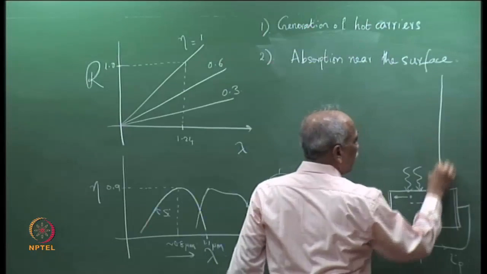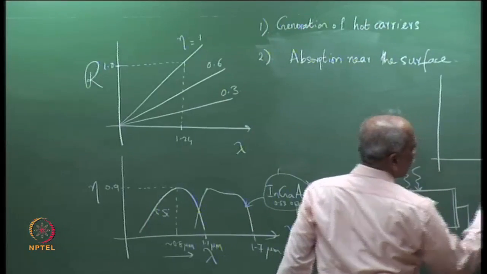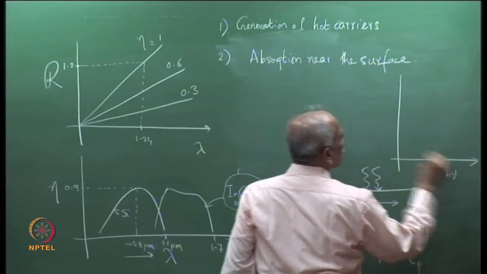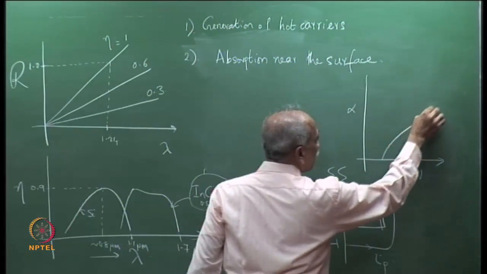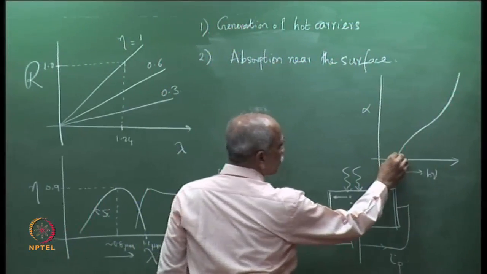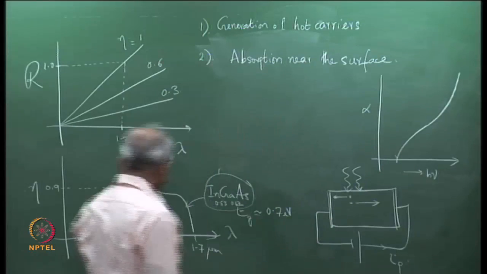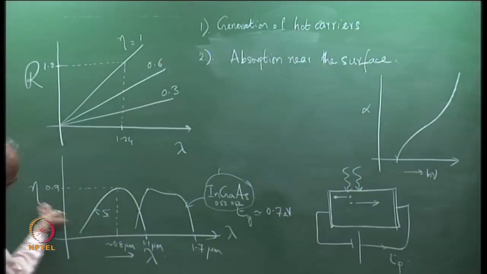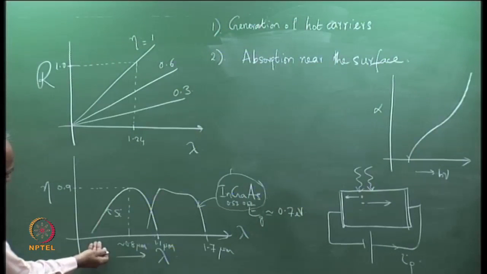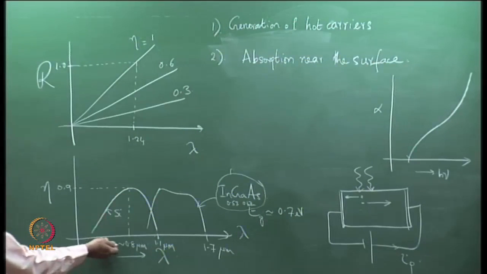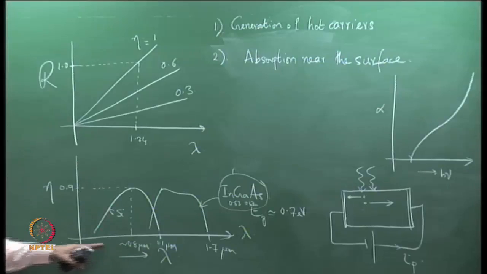Let me explain again. I had the curve here, that is h nu versus alpha. As you can see, it is the same curve which I had drawn earlier. It starts from Eg. We are looking at the response, that is quantum efficiency, at lower wavelengths, and we are trying to explain why it goes down at higher energies or lower wavelengths.